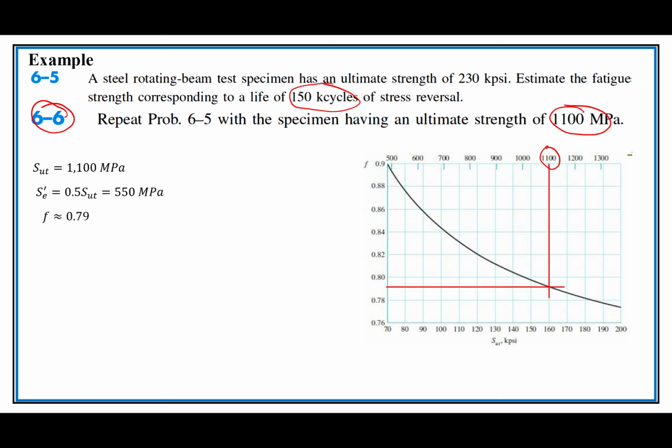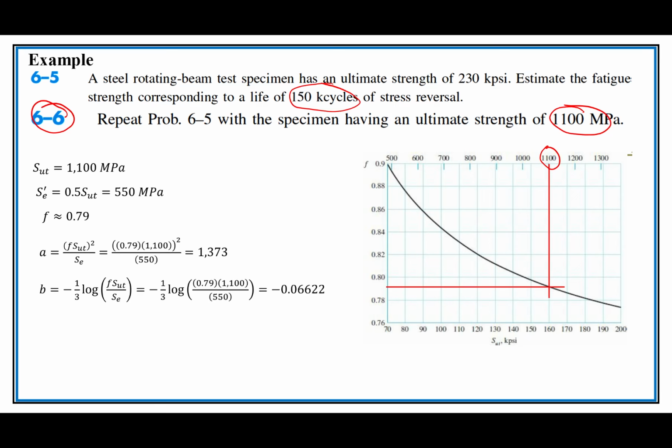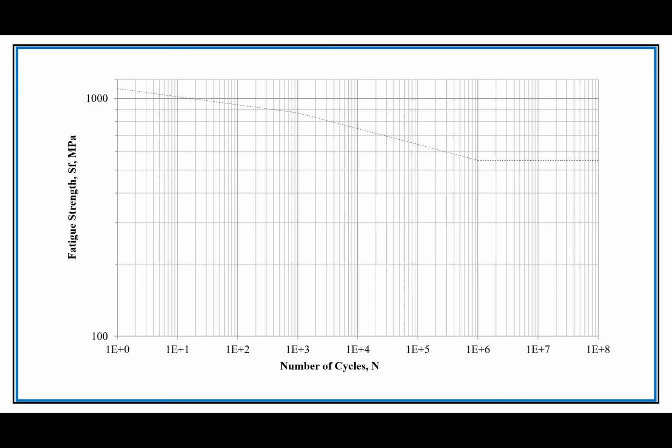We could get a bit more accurate with the equations. And now we could put that into this equation for the coefficient A, and find the exponent B, and now work with this equation right here to find out what stress will result in 150,000 cycles.